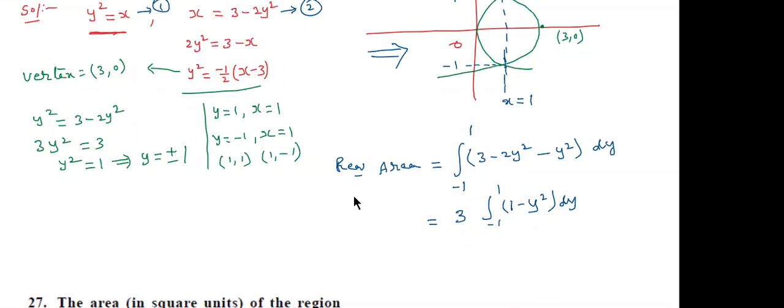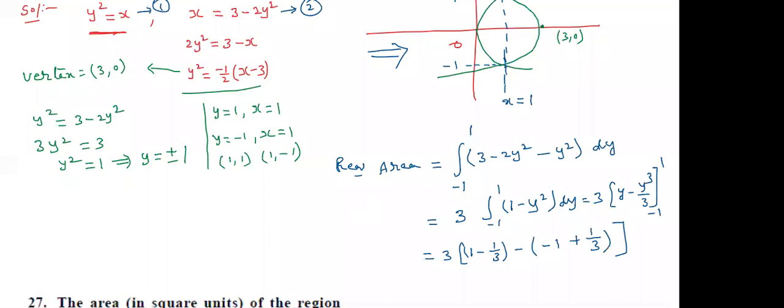Apply the integration: 3 into y, integration of 1 dy is y minus y cube divided by 3, limits minus 1 to 1. Substitute the upper limit first. You'll get 1 minus 1 by 3, minus, substitute the lower limit, minus 1 plus 1 by 3. Students, observe here.